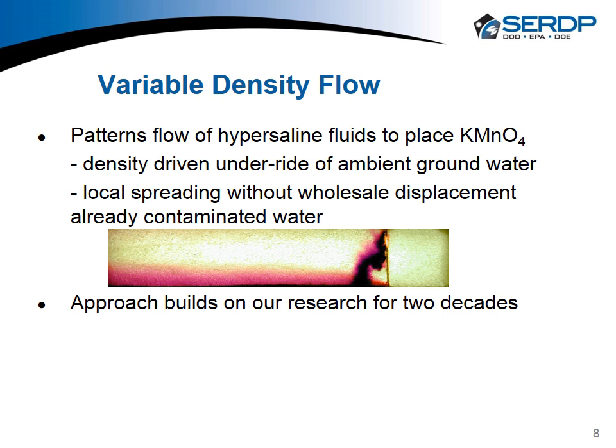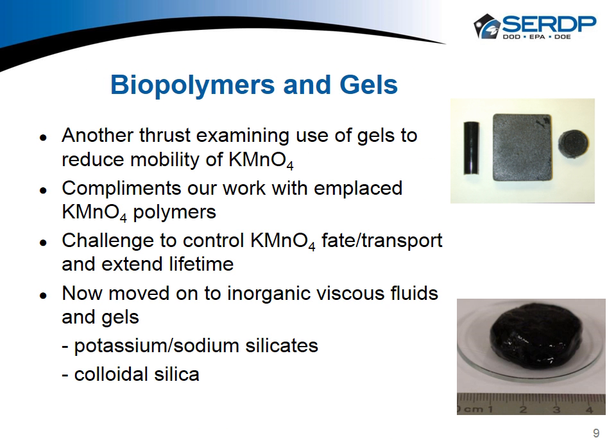And what it tends to show is that potassium permanganate does sink, and it can flow through a system without expanding a dissolved plume and so on. So this was a nice complement, and it built on our research in the past.